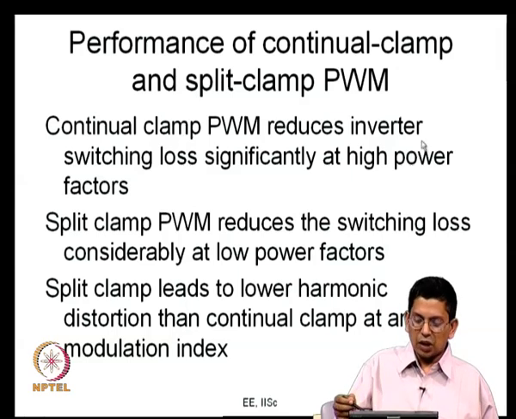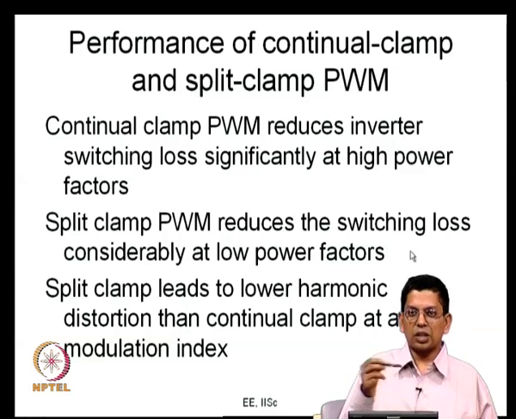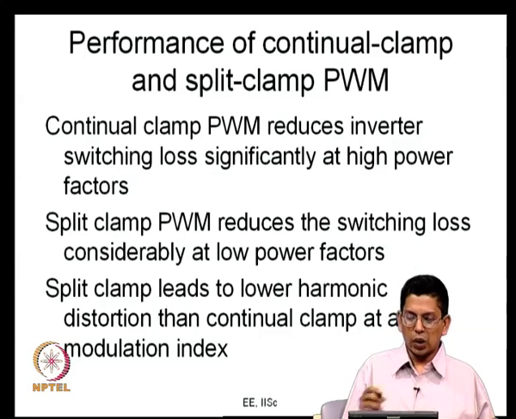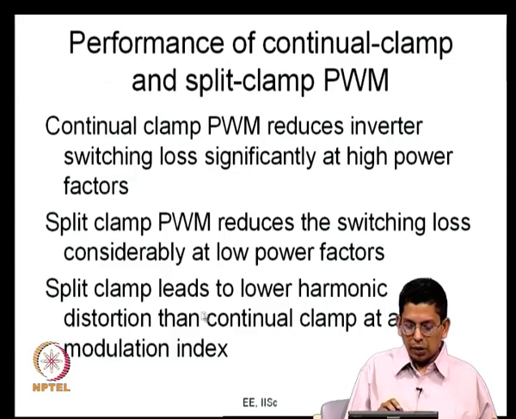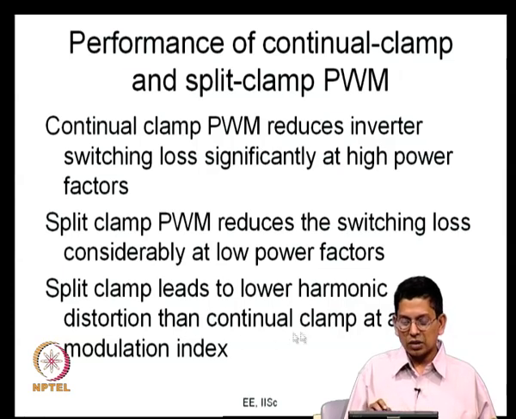So, this has advantage at high power factors and this has advantage at low power factors from the switching loss point of view, because bus clamping PWM itself is one idea that you often use to handle this issue of switching loss. The next question is about distortion. If you compare the two in terms of harmonic distortion, split clamp PWM leads to lower harmonic distortion than continual clamp at any given modulation index.